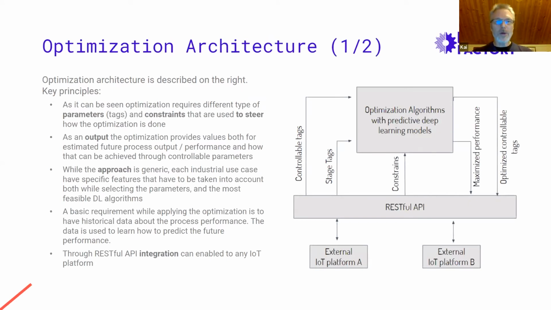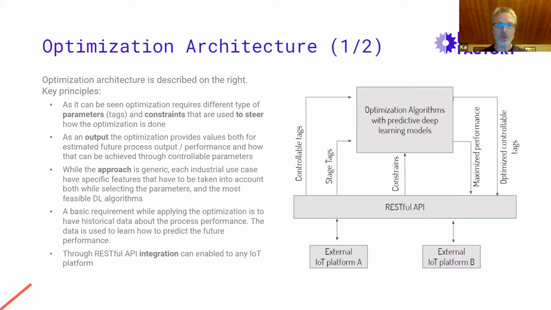Then going through the optimization architecture or concept approach that we are starting with. It's described here on the right, and it includes different types of parameters and tags, and constraints that are used to steer how this optimization is done. Some of them are controllable. Some are based on certain stages. There can be one or multiple stages within the process.